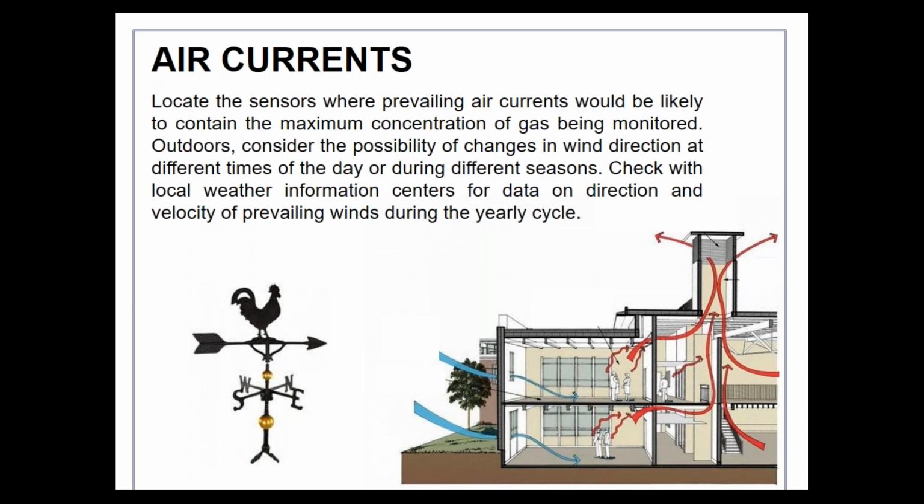The problem I had with that is it was a tall building. If you've ever stood by an elevator in a tall building, the chimney effect, the flow of air up that elevator is so high that that's a waste of a sensor, because even if you had carbon monoxide going into that elevator shaft, the turnover of air is so high that the sensor would never see concentrations that can give you an alarm. So that would be a poor place to put a sensor, in my opinion.